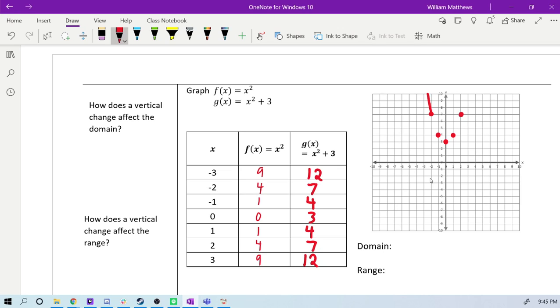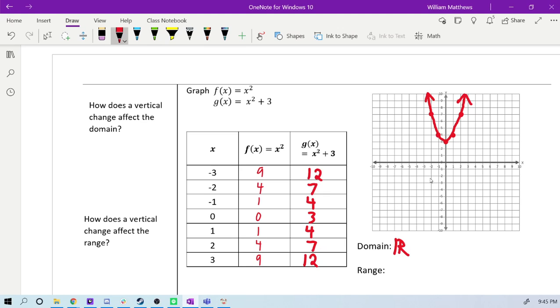This is a continuous function, so we need to show that we're using all values in between each point that we place down. Yet again, there's nothing that is limiting our x values, so we have all real numbers for our domain.